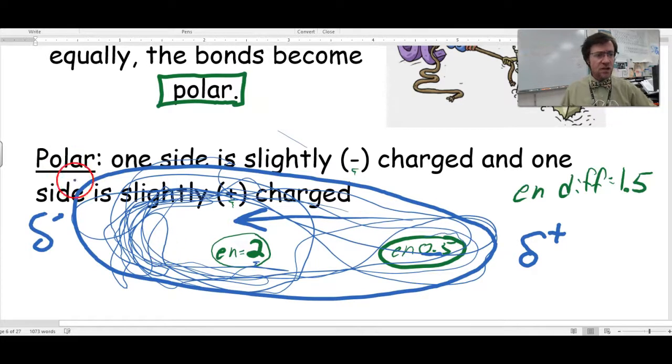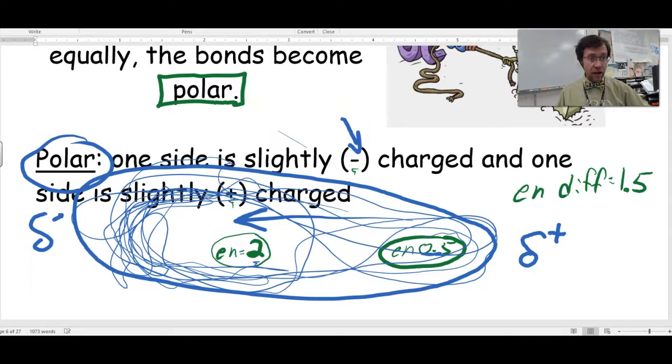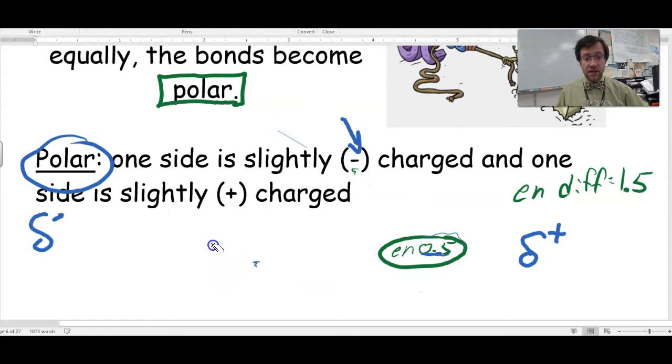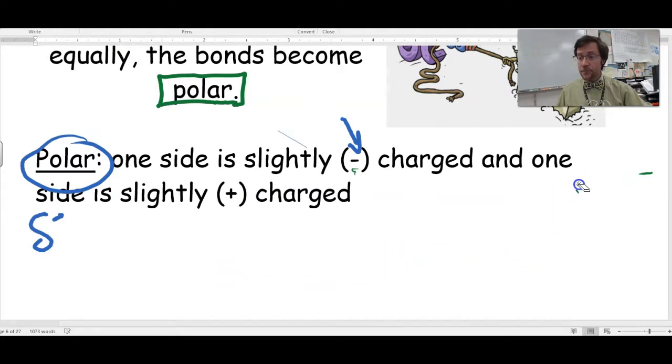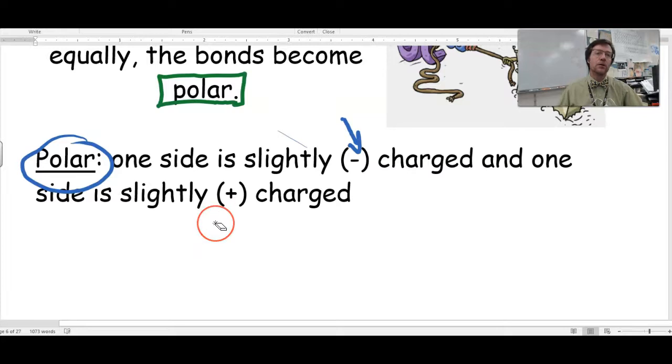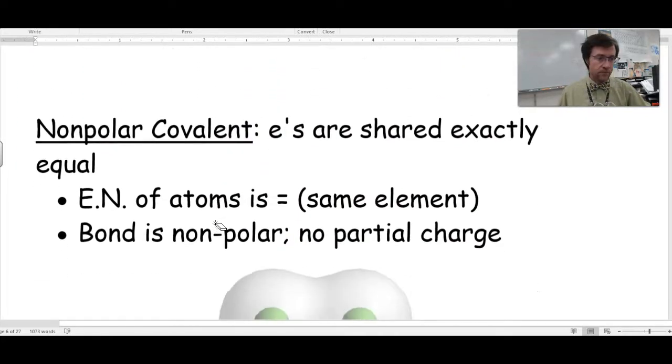You guys dig what I'm saying? So that is what polar means. It's where one side is slightly negative and the other side is slightly positive. And it's because of the unequal sharing of electrons causing the electron distribution to be unbalanced. Now the electron distribution just means the cloud.